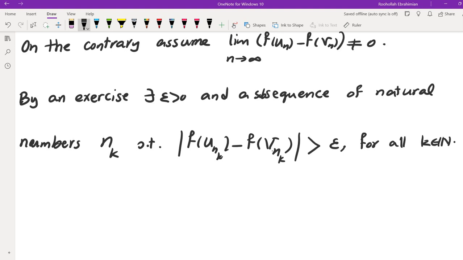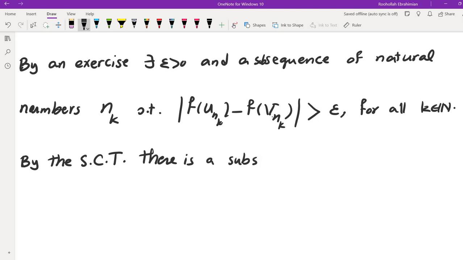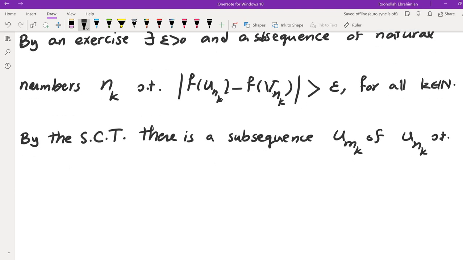Now I will choose a subsequence of this subsequence that is convergent. By the sequential compactness theorem, there is a subsequence u sub m k of u sub n k such that u sub m k converges to c for some c inside the interval a to b.